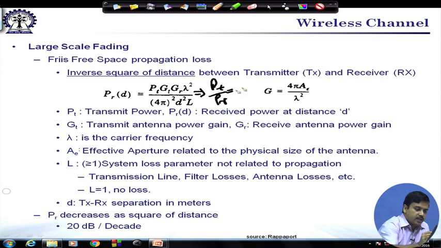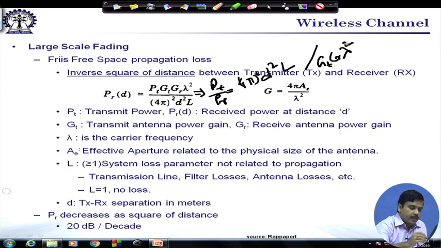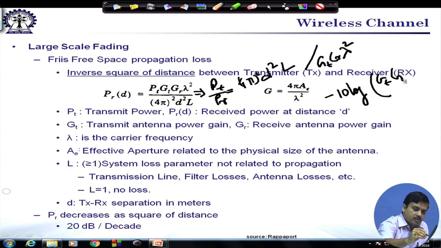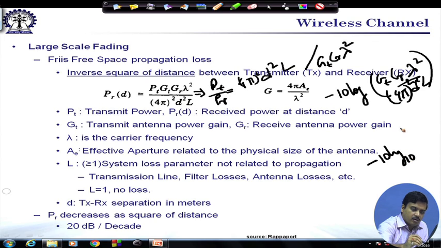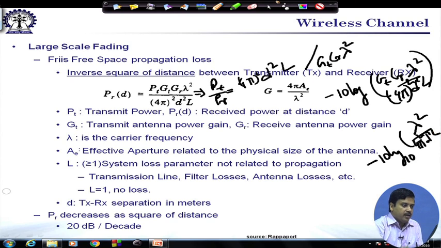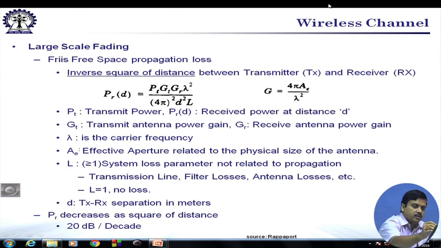Now, if you put a negative sign, basically this is (4 pi) squared d squared L divided by GT GR lambda squared, and if you take 10 log base 10 and a negative sign, you are putting it to the numerator: minus 10 log of GT GR lambda squared divided by (4 pi) squared d squared L. When GT and GR are equal to unity, you have minus 10 log base 10 of lambda squared by (4 pi) squared d squared L, and that is what you have in the expression in the next slide.